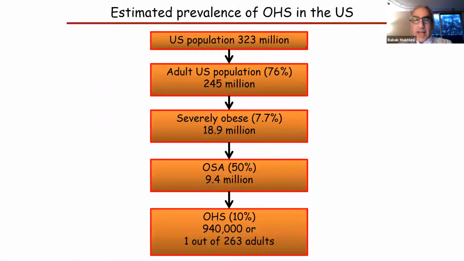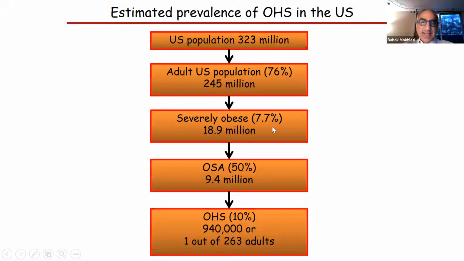So a while back, I tried to estimate what could be the prevalence in the population using a back of an envelope calculation. This is the US census from 2010 in terms of US population. Percent of adults will dwindle it down to 245 million.